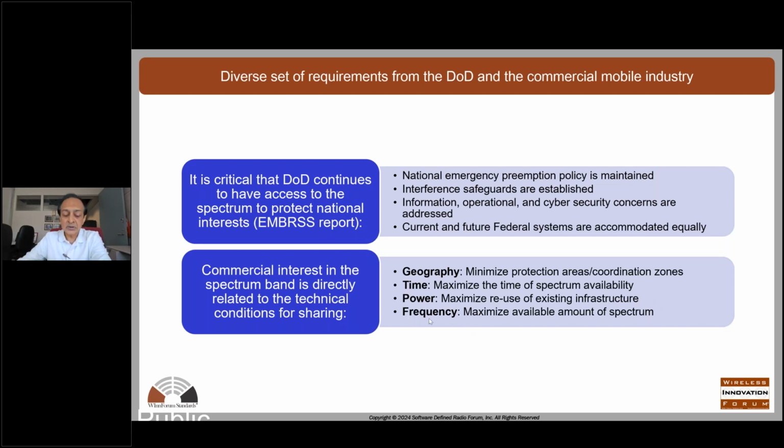And last but not least, the frequency. Again, we like to use the entire frequency, 250 megahertz. And if we have less, the demand for that spectrum becomes less attractive for commercial use. So in all these four dimensions, the fewer restrictions we have, the more useful it is for commercial deployment.